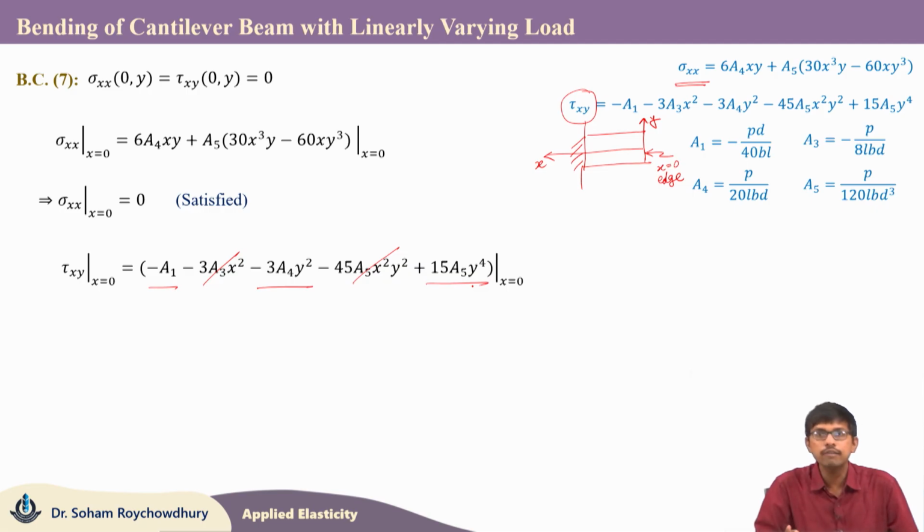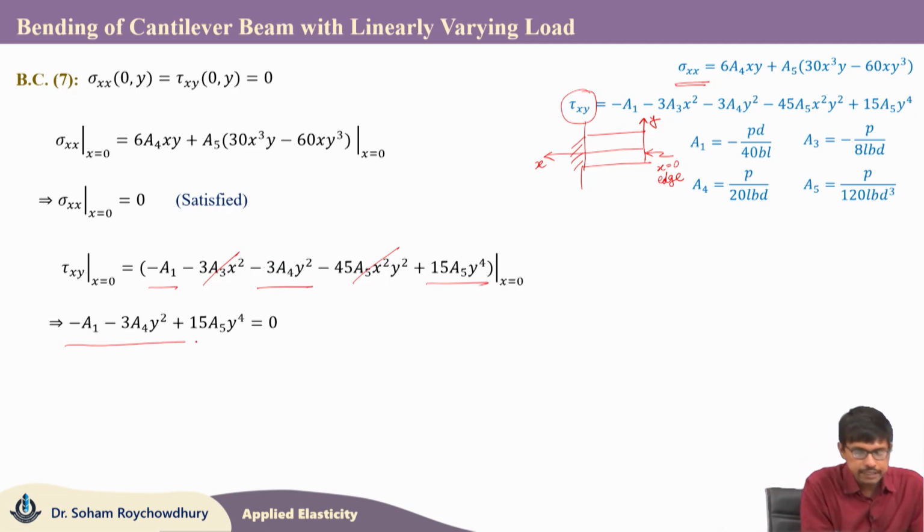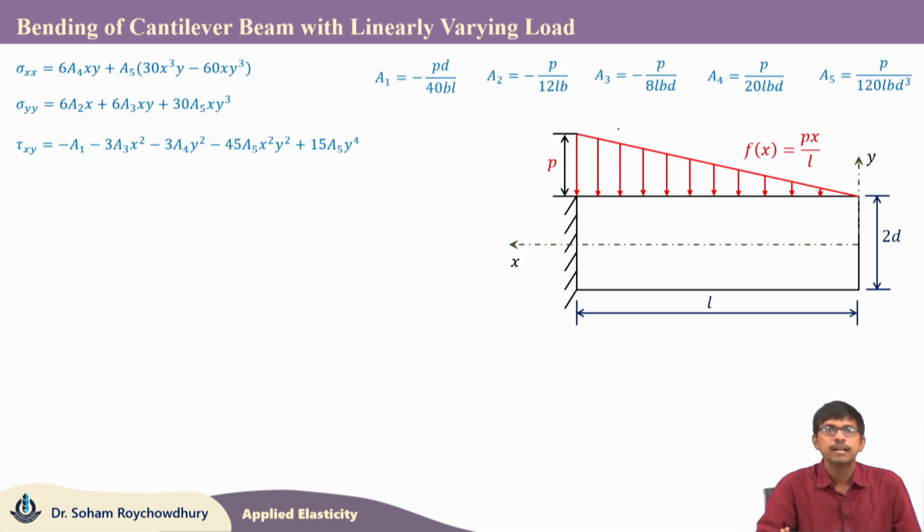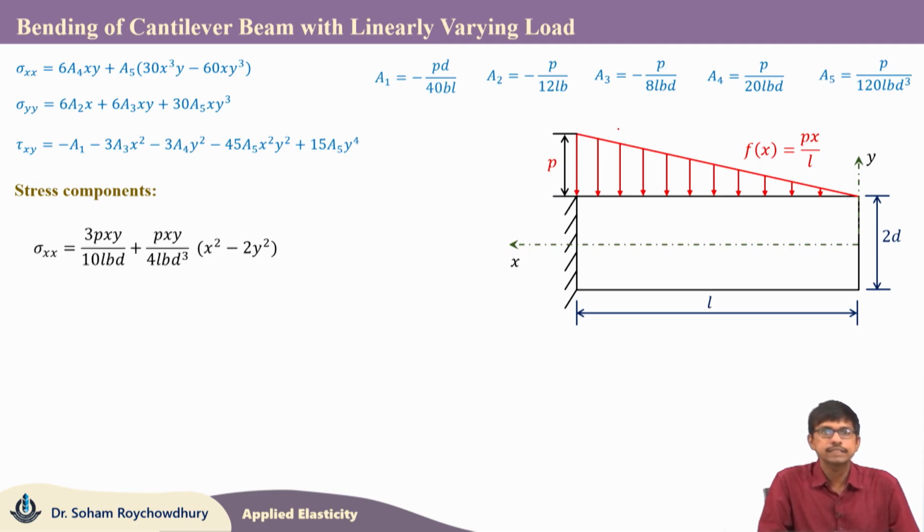So, for all values of y, it is impossible to force tau xy to be 0. It is not possible to satisfy this particular equation. Thus at the free edge, one of the surface traction boundary conditions, the shear traction on the right free face, is not getting satisfied at x equals 0. Moving to the last remaining boundary condition, I think all the other boundary conditions are now satisfied.